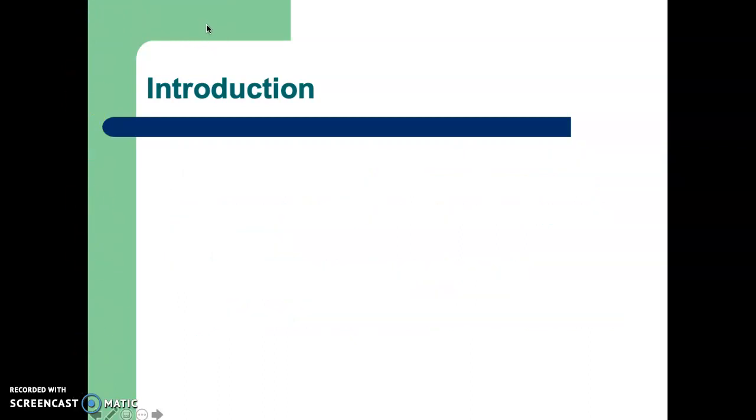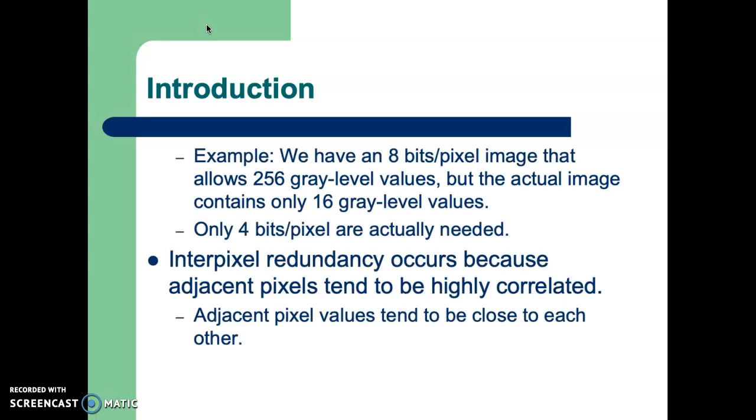This type of redundancy can be applied to images which have different objects. For example, on this image, the green can be considered as one object, and this blue line can be considered as one object. So instead of representing all the pixels here, maybe you can only represent it once. Not all will be encoded.